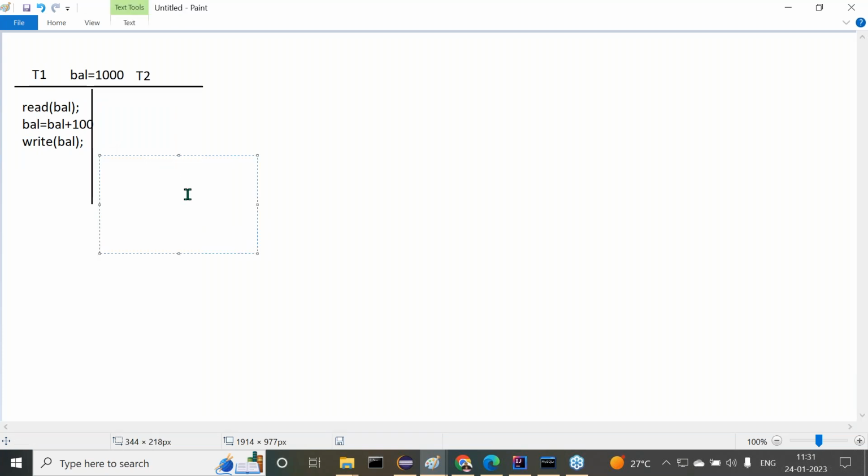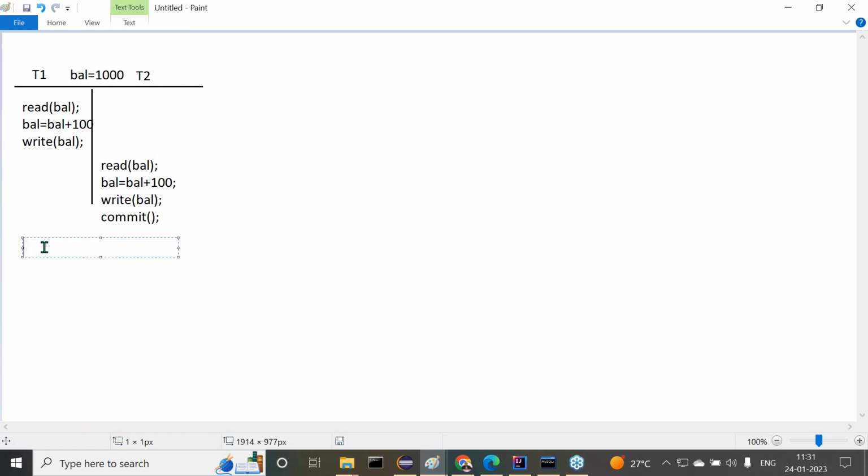But meanwhile, T2 transaction is doing read bal, then bal is equal to bal plus 100, something else, then write bal. Then it performs the commit operation.